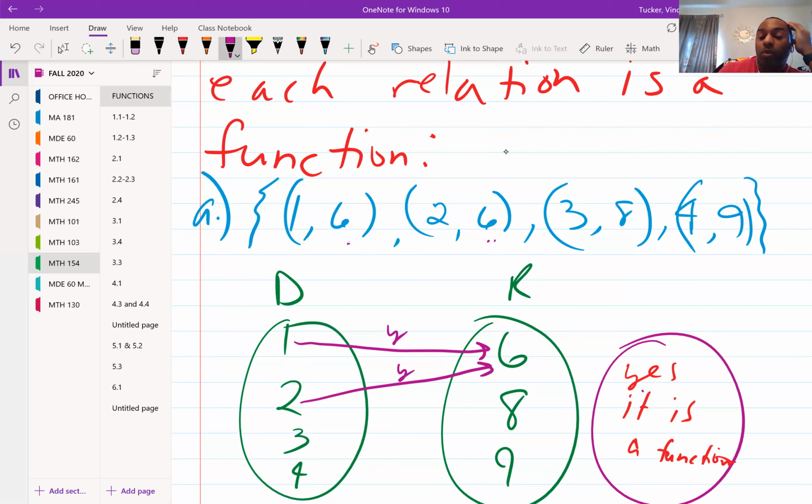Now 1 and 2 are going to the same value, but individually they're only going to one value, so that's okay. The statement is that each element in your domain is going to exactly one element in the range. So number 3, is that going to one value? The answer is yes. And is 4 going to one value? The answer is yes. So since each one of them goes to exactly one value in the range, then yes, it is a function.